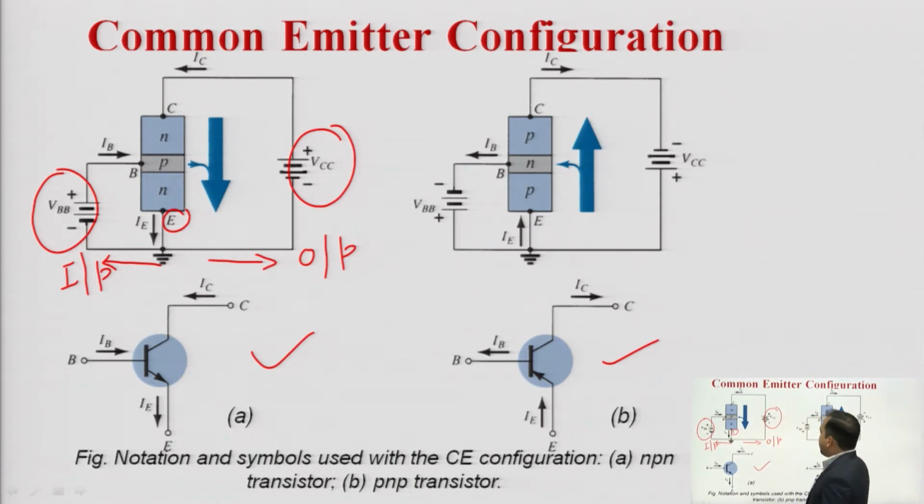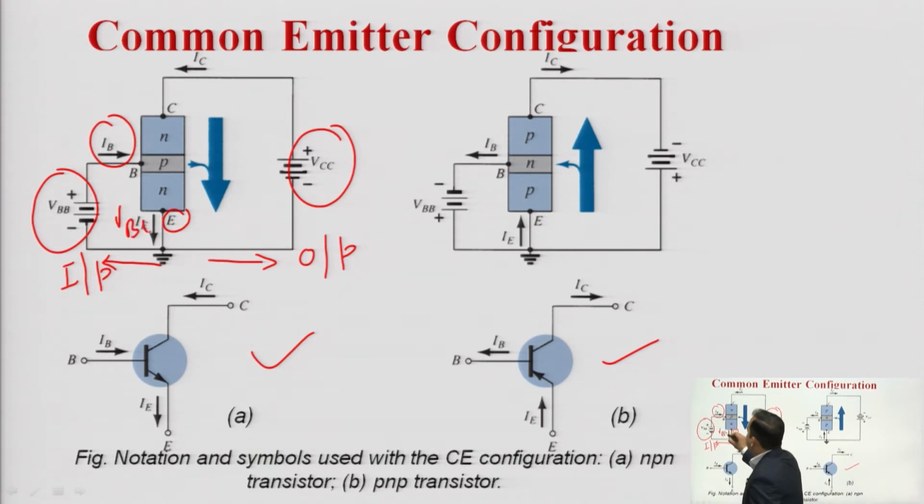As we are aware, for the input characteristics we have the input variables IB and the voltage VBE. Similarly, for the output characteristics we have the current IC which is in the output loop and the voltage VCE.